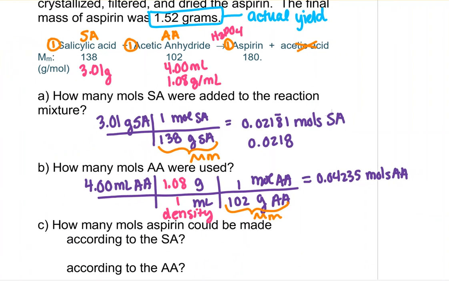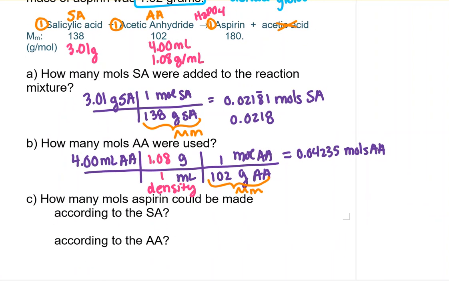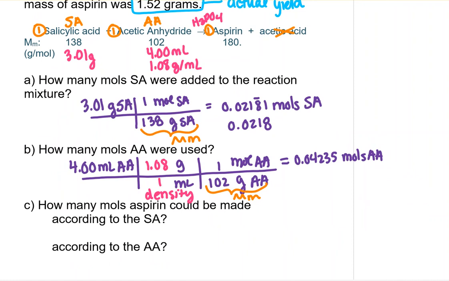Okay, so I have the moles of each reactant now. The next thing is to think about how many moles each of those could produce if they completely reacted. And the key here is that it's a 1 to 1 to 1 ratio.